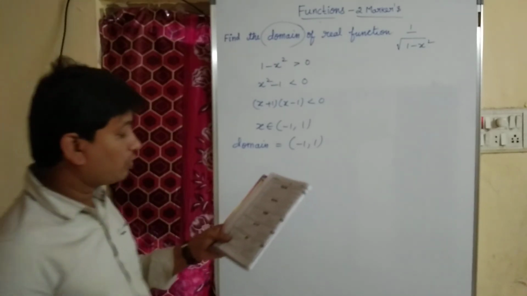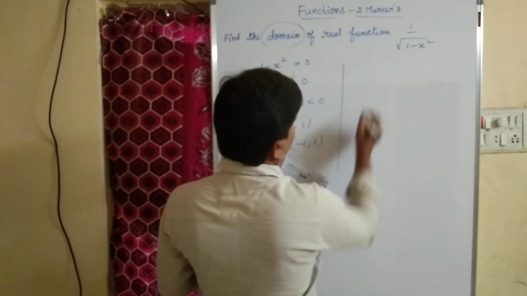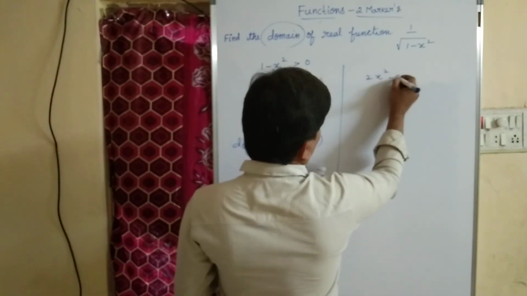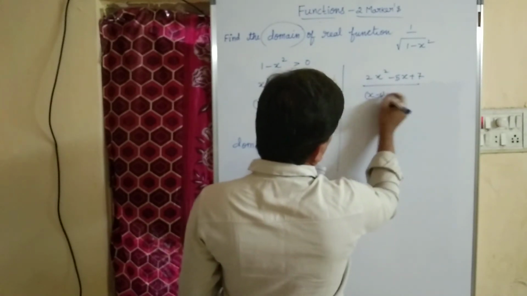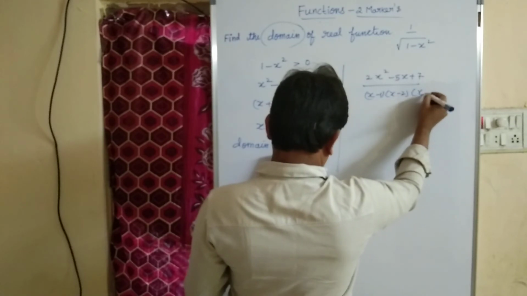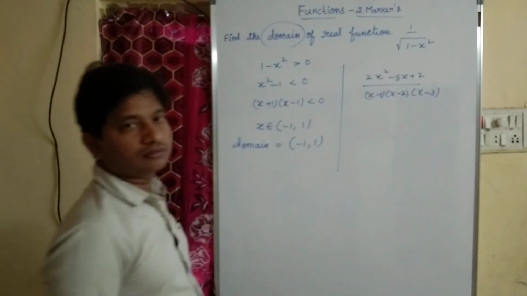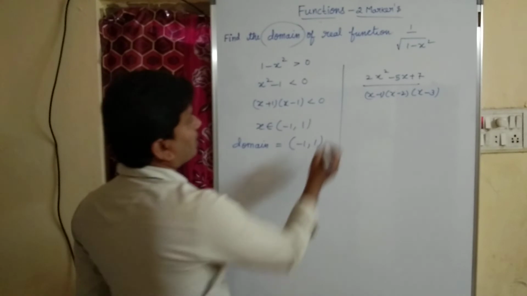Okay, children, so this is about domain. One more question, you see. Find the domain of the function 2x square minus 5x plus 7 divided by (x minus 1)(x minus 2)(x minus 3).